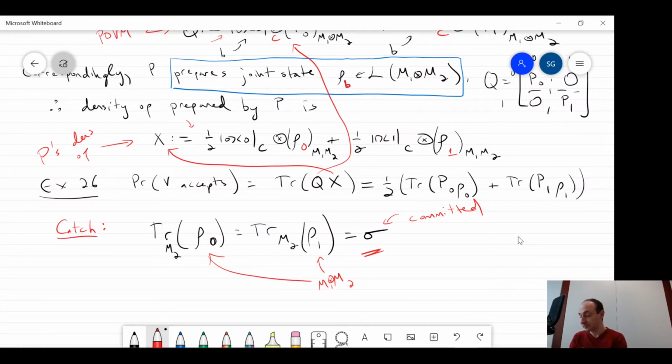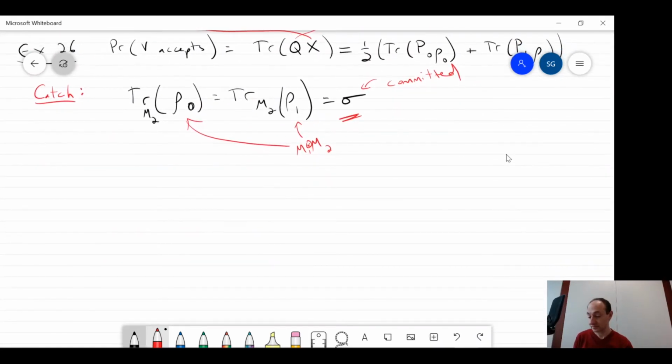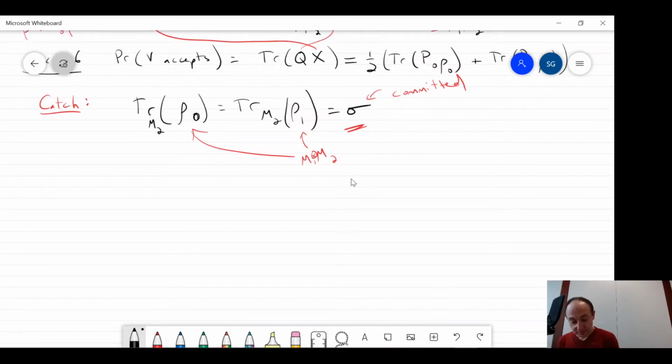Good. Now, one thing that's worth mentioning, and it's a very nice fact to always keep in mind, is important because of exercise 27: we need to understand what freedom or what abilities the prover has under these constraints. And the basic idea is this.